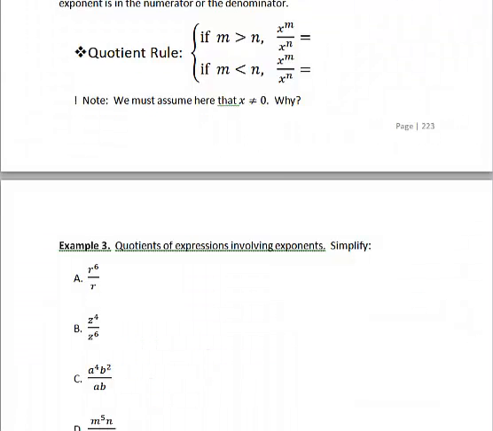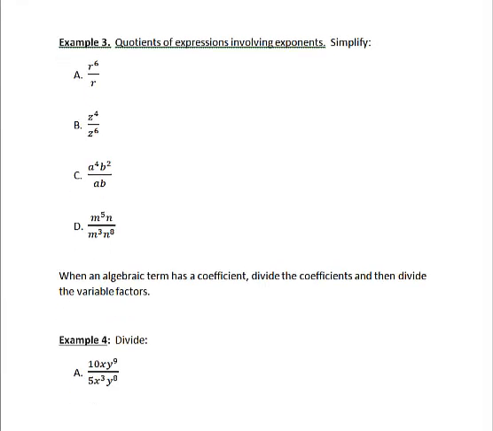So let's work some examples. Example 3. We look at the exponents, and on the bottom we have a 1, on the top we have a 6. The bases are the same. Both exponential expressions involve an r as the base.